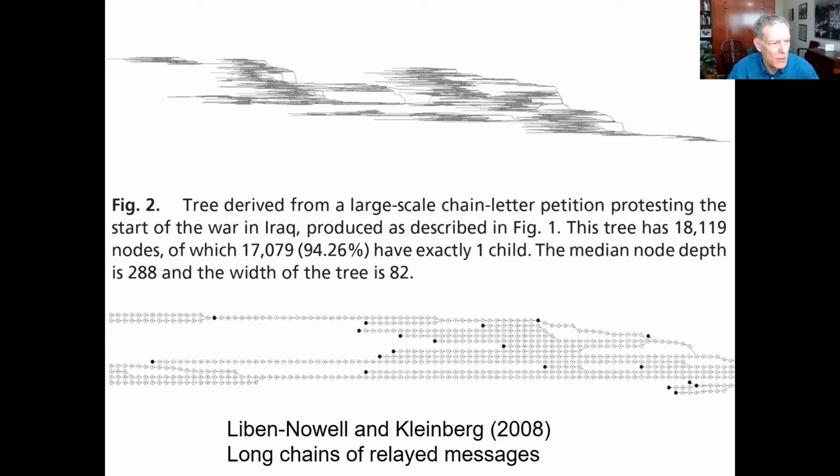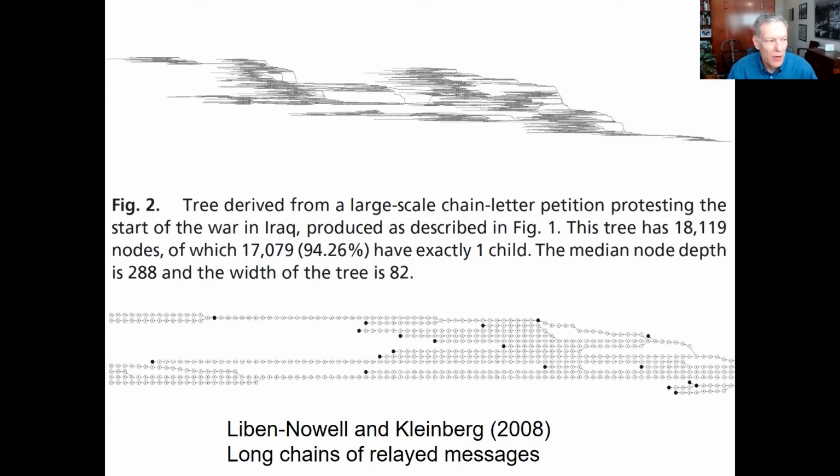There were effectively two that they analyzed, but the point of the picture is that even though we have small world networks where you can get across the globe in 6 hops, when you actually look at the paths these emails took, they were enormously long. And this tree is great in its size of depth relative to breadth.